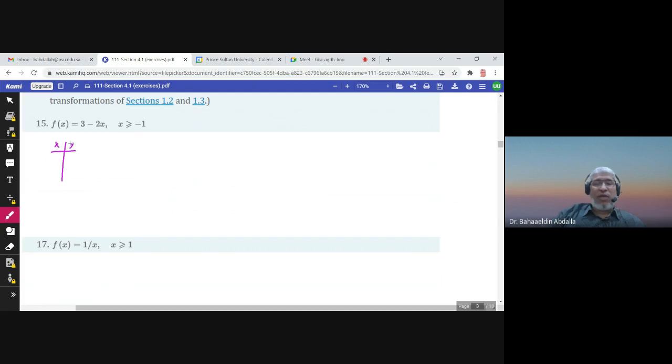So the domain starts from -1. If I replace x by -1, -2 times -1 is 2 plus 3, that's 5. So at -1, it is 5. And at 0, because 0 is greater than or equal to -1, it is 3. So this is the graph of the line.